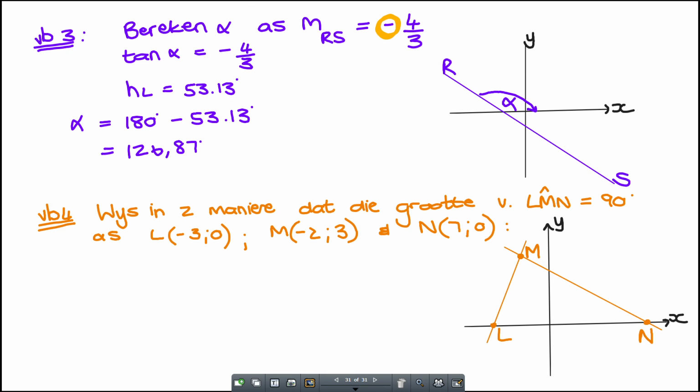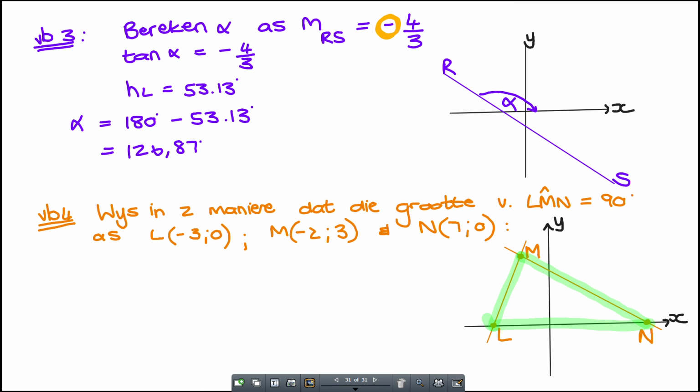Now, you will see that these two lines, along with the x-axis, form a nice triangle. There. En van dit af kan ons baie goedjies gaan aflei. Hulle wil hê ek moet spesifiek praat oor daai hoekie. Okay.